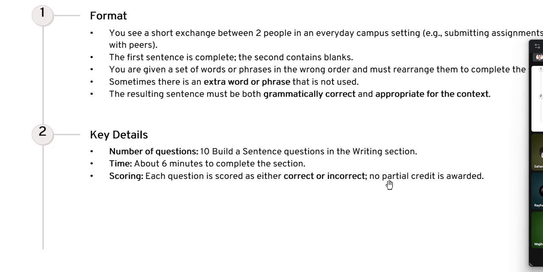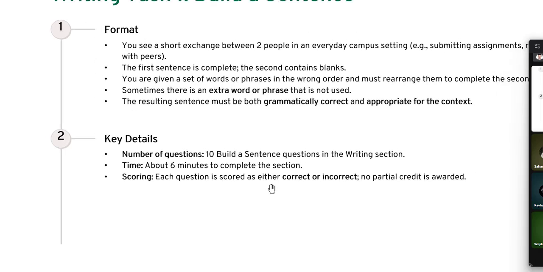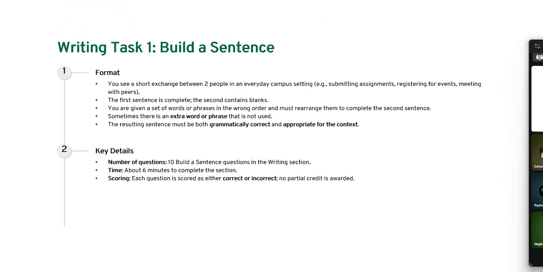Although the other words are in the right position, one of them is put incorrectly, so it is considered an incorrect answer. As it says, there's no partial credit. So these are the key details that we will have on the real test.